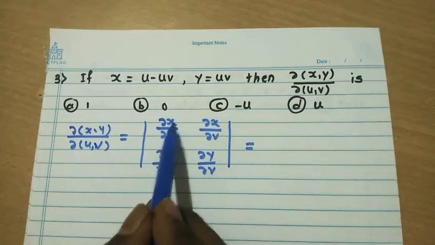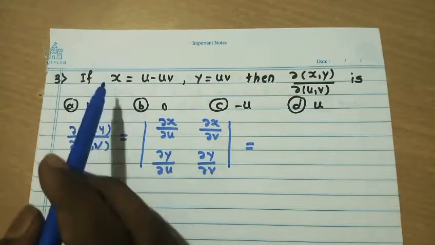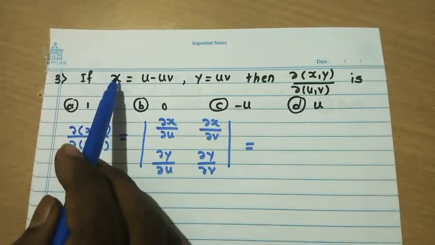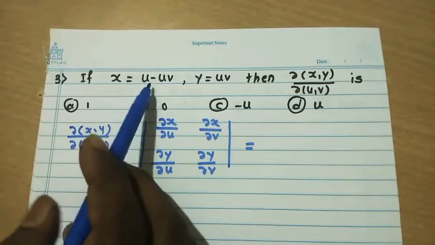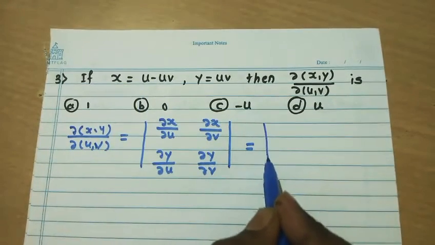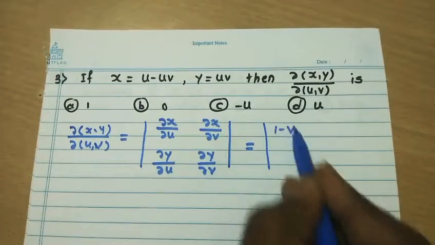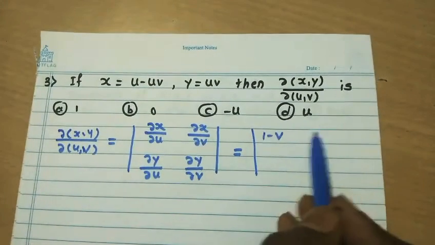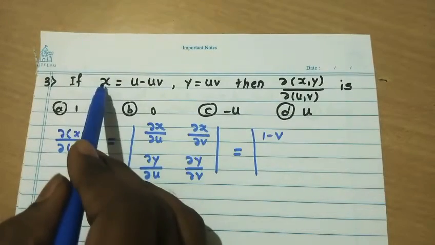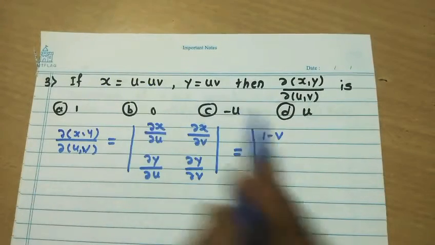Now find the partial derivative of x with respect to u. X is here, differentiate partially with respect to u, so you will get 1 minus v. Partial derivative of x with respect to v is minus u.